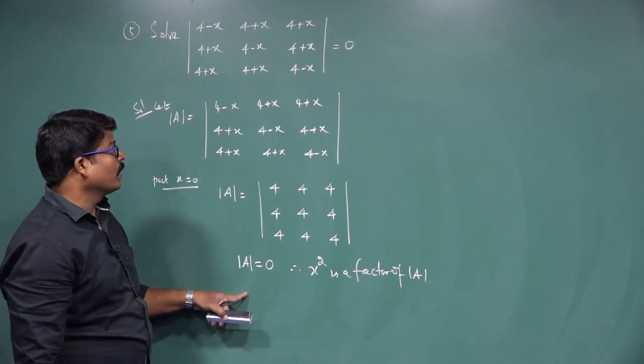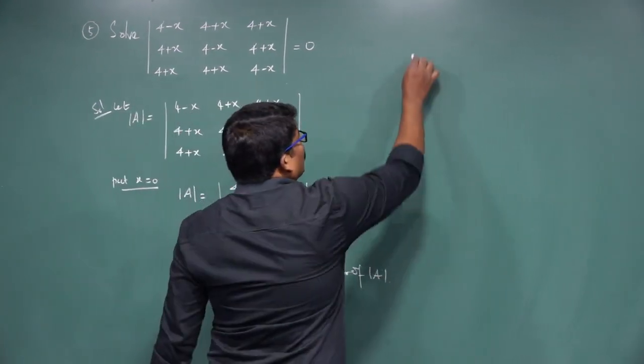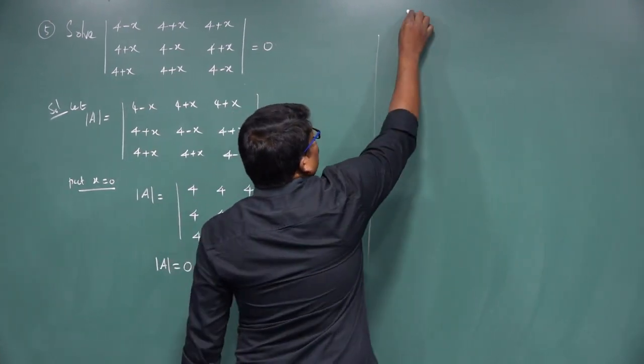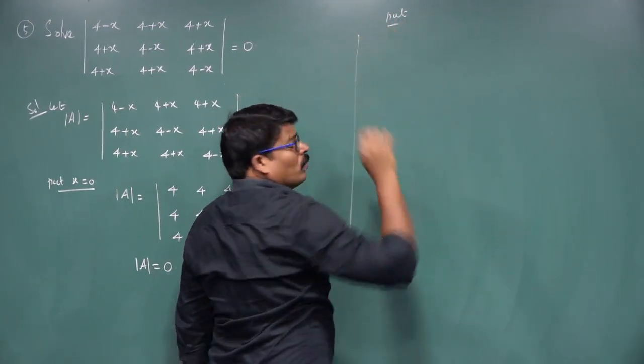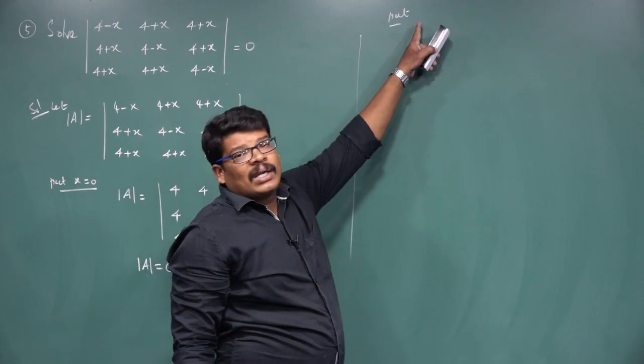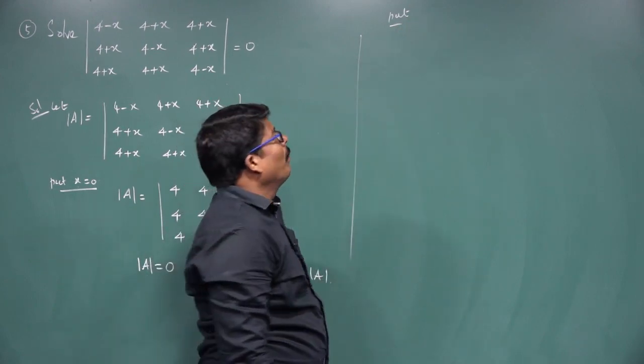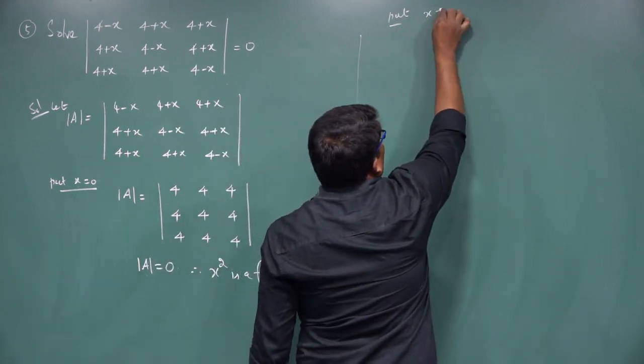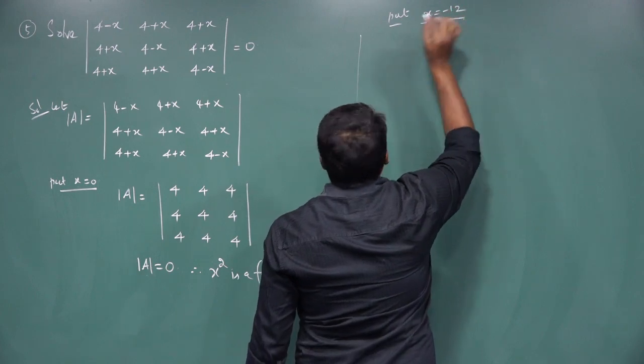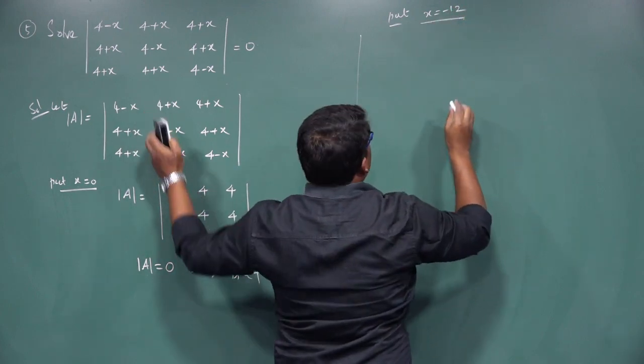First one over. And the second one, now I am taking the value x equal to minus 12, substitute in the determinant.